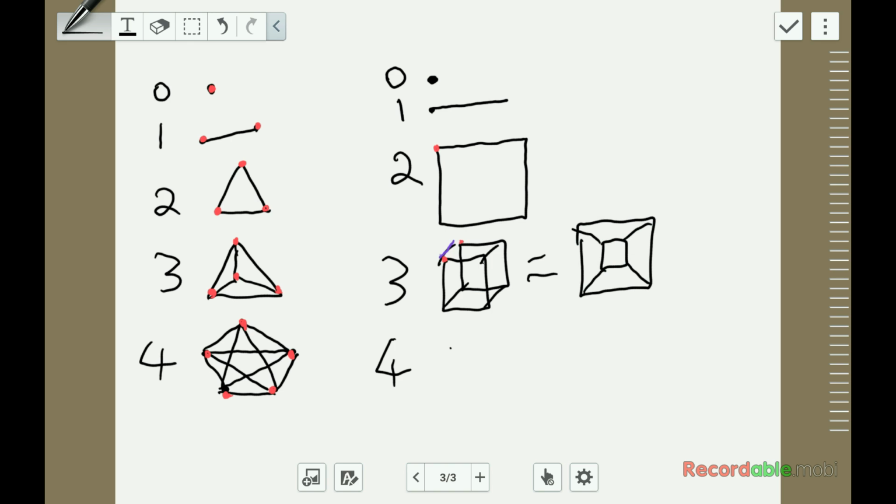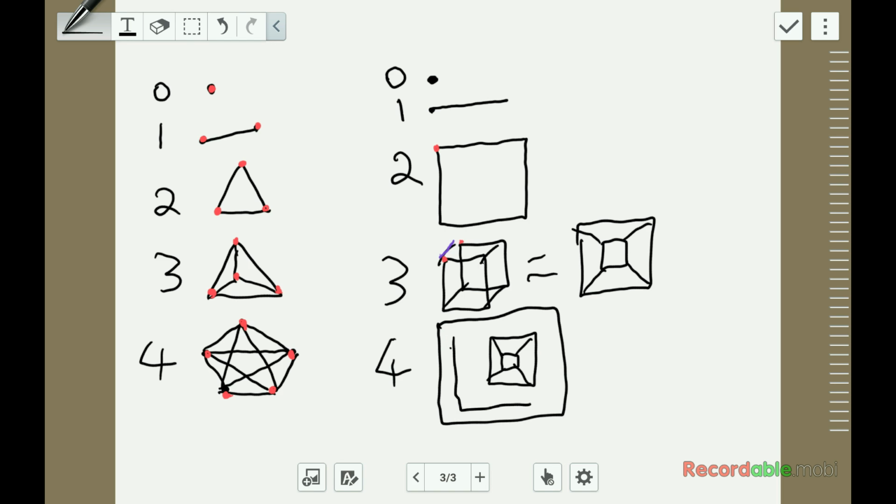Now, to draw the hypercube, I should draw a cube, I shall shift it in a new direction, and then I'll just connect the corresponding points.